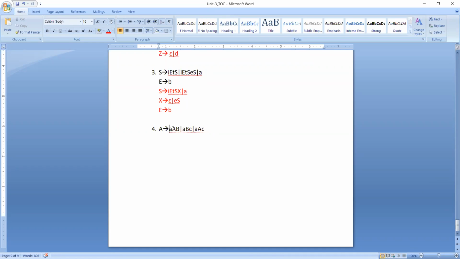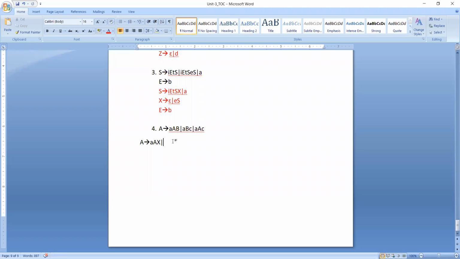So A derives to small a capital A B, and here we have small a capital B small c, and we have small a capital A C. Now if you observe thoroughly, either you can take small a as a left factored part, or you can take small a capital A. You can see here we have small a capital A, and here also we have small a capital A. Now let us take this small a capital A part followed by X, and the thing which is remaining will be small a B C.